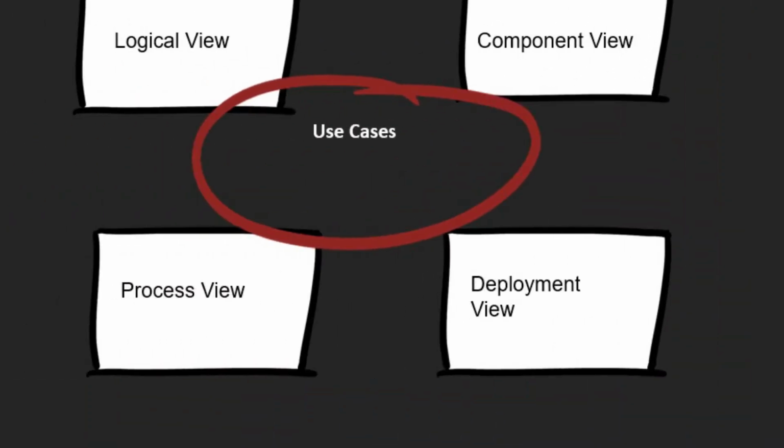Similarly, views and viewpoints are used to satisfy the needs of stakeholders in the architecture. There are multiple views and viewpoints that different architecture frameworks have created, like Philippe Kruchten's 4+1 view, which talks about logical views, deployment views, component views, process views, and then you have the use case view, which surrounds everything like a cloud.